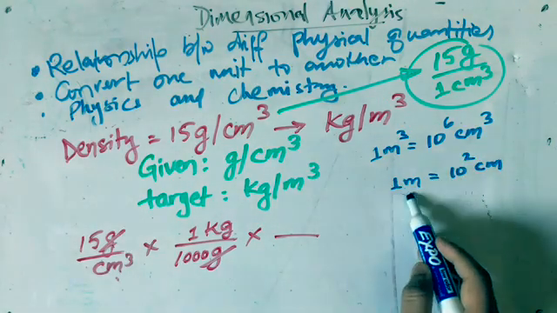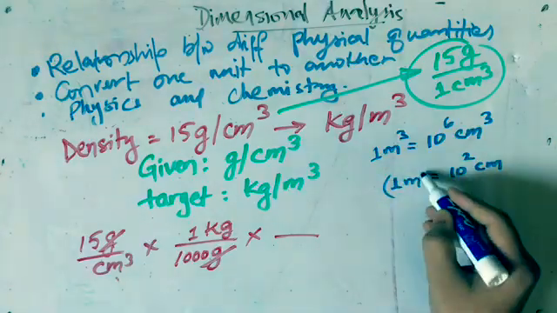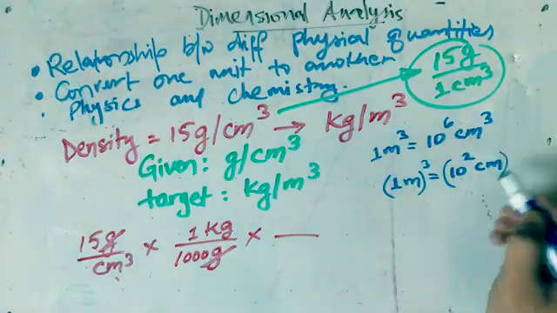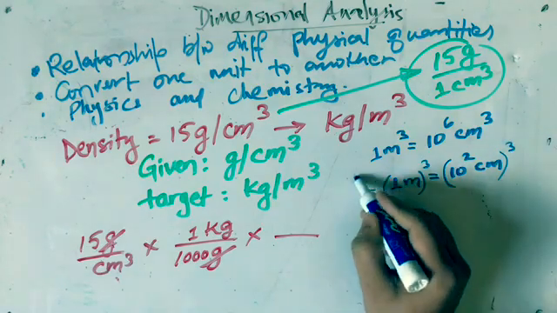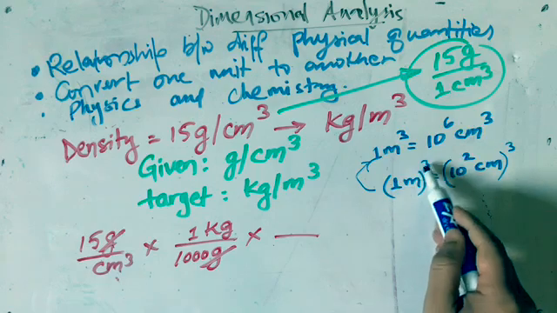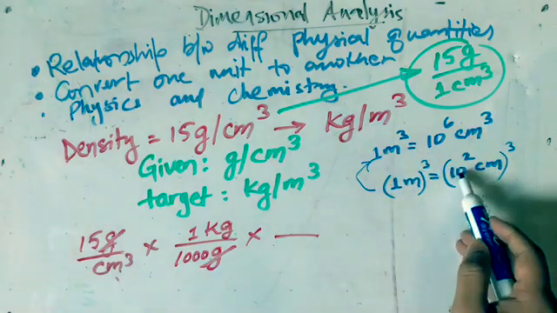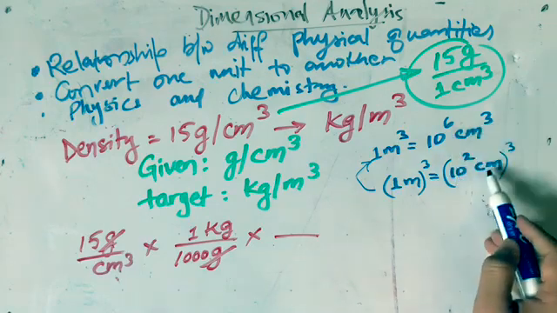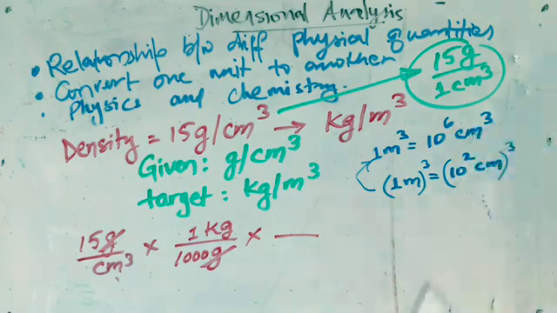Now to go from meter to meter cube, all you have to do is cube that whole thing. And if you cube this side, you have to cube this side also. So 1 cube is 1, meter cubed is meter cube, 10 to the power 2 cubed is, you multiply the exponent, 2 times 3 is 6, and centimeter cube is centimeter cube. All right, that's how you get that.